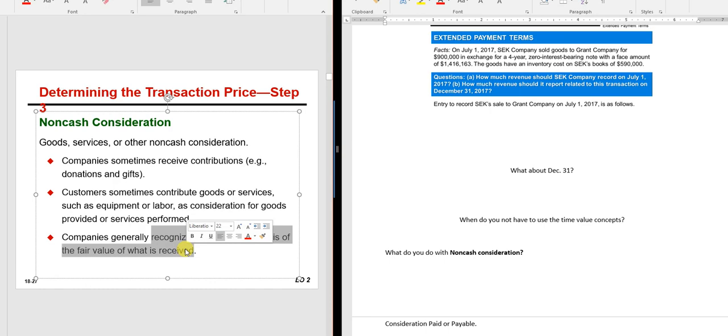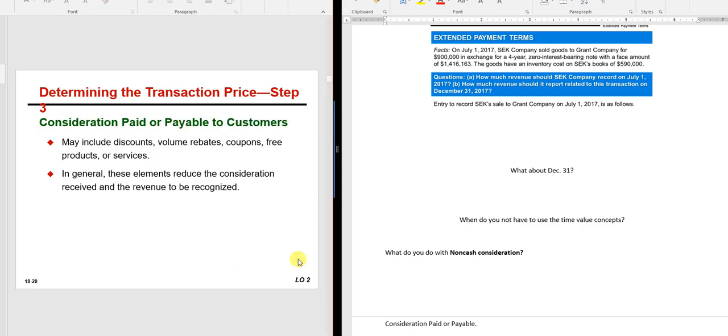Okay, and you can apply the normal rule of you recognize revenue at the one that's more apparent of whether you gave or received. But I guess in revenue recognition, you want the fair value of what is received. Honestly, if you don't have that, you have to get the fair value of what is paid. Okay, so you just need to do that.